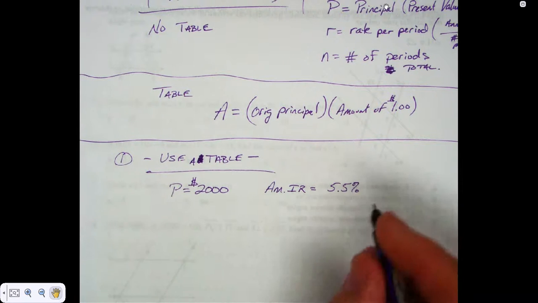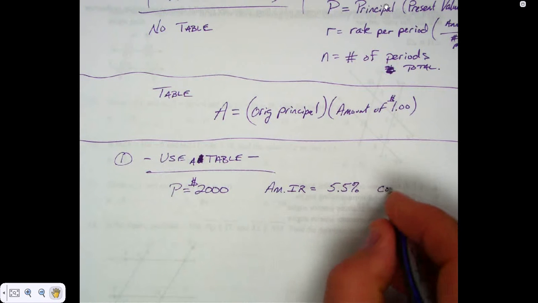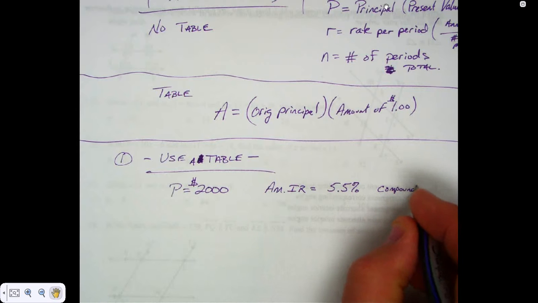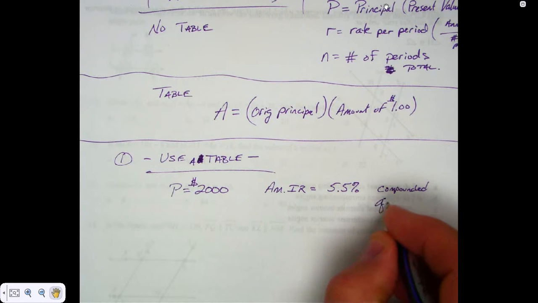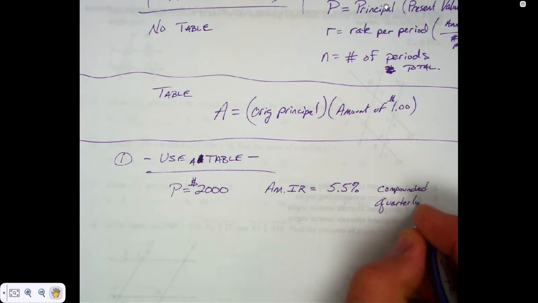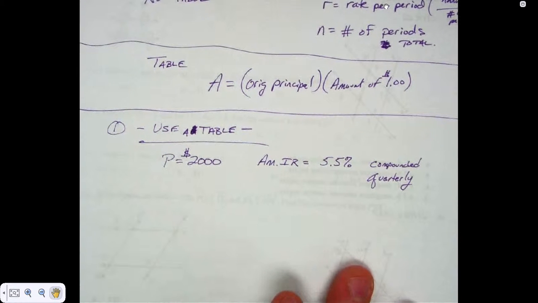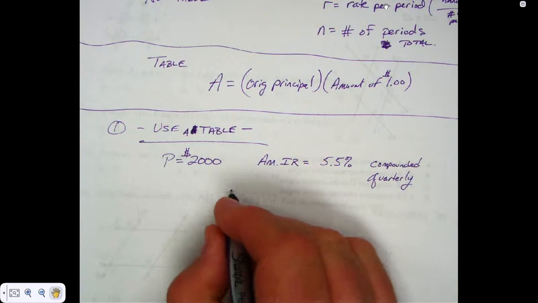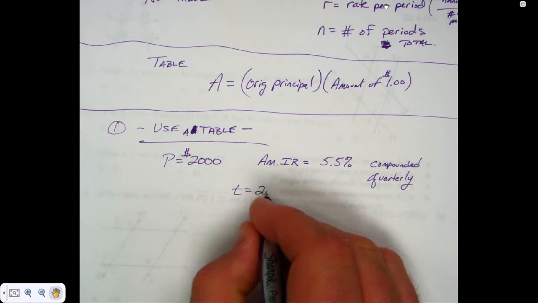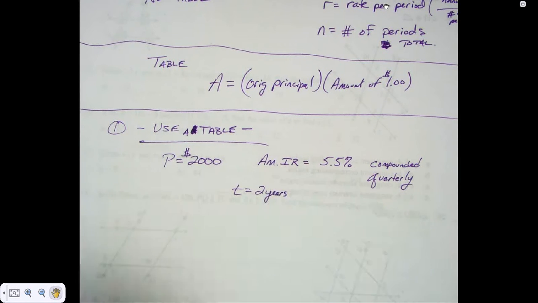It's compounded quarterly. Okay? And your time is 2 years.